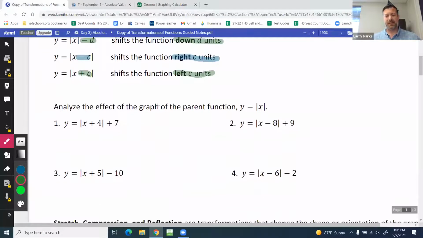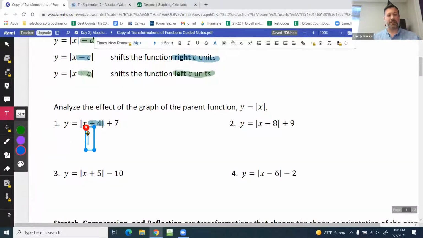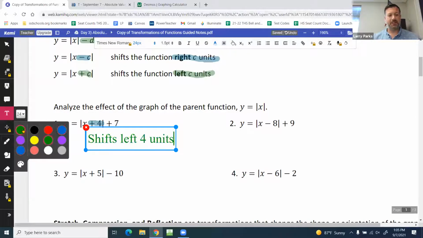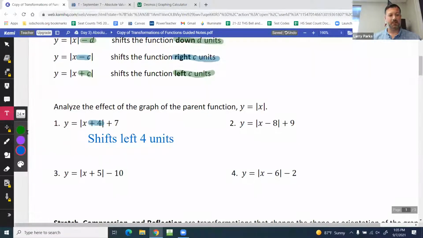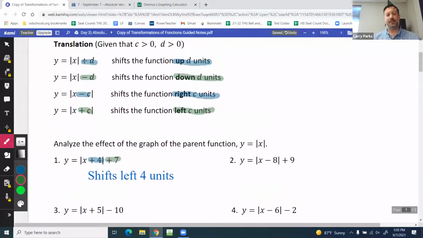So now we're going to analyze the effect, and I'm not going to do them all for you, but long story short, I'd say, okay, that's a +4, that's inside. So right here, we just said plus inside moves it to the left. So I would say left 4 units. And then for the 7, on the outside, the plus shifts it up d units.